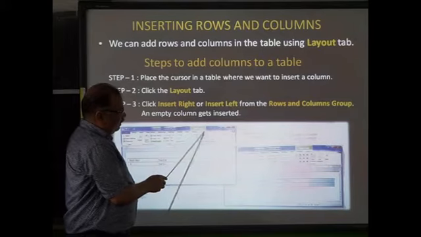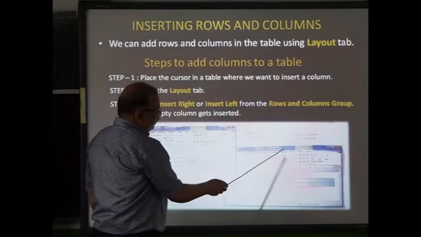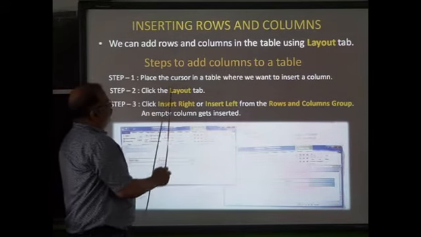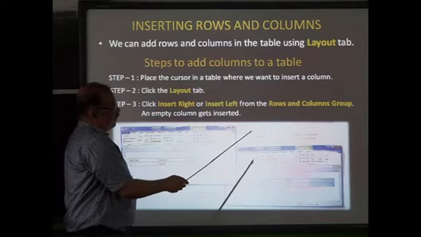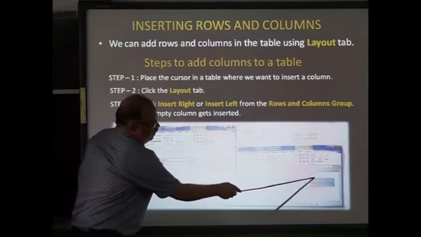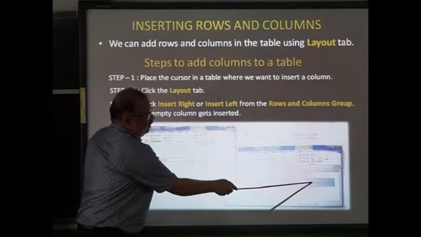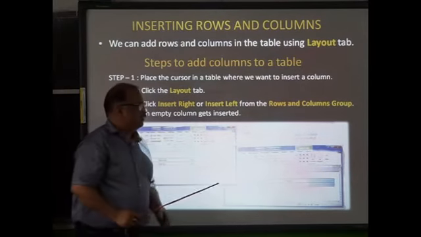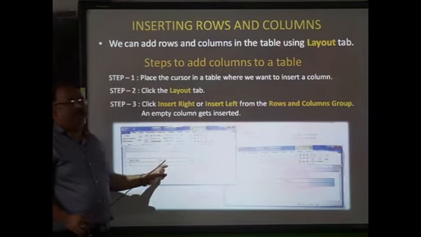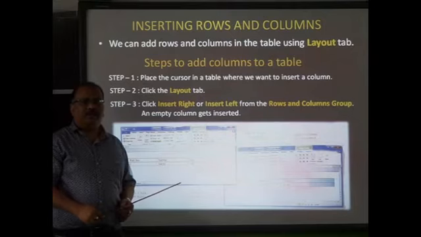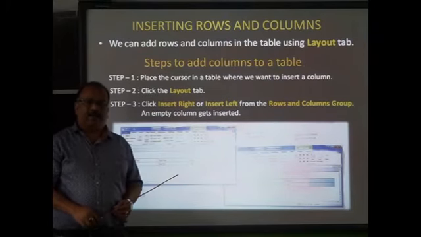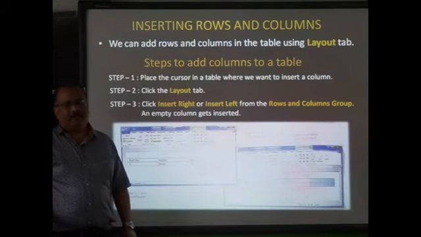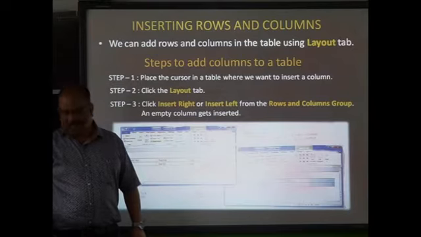Once you click that, then you have options, either insert right or left. Here they have chosen insert right. So on the right side one column is inserted. This is not that clear, but I will be teaching you on the computer itself today. Okay, then it will be very, very clear, just like your practical.